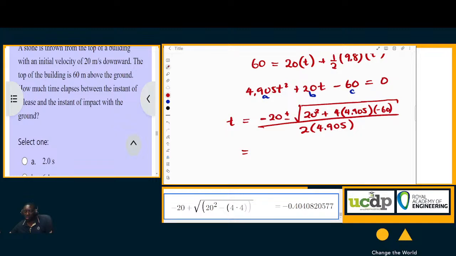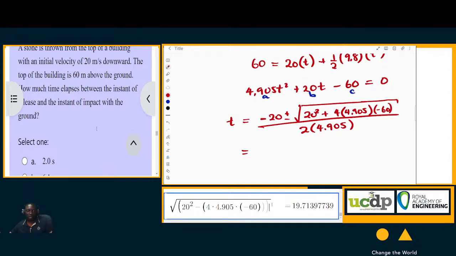Someone got t is 2 seconds. That was quick. 4.905, okay, 4a times minus 60 times negative 60 close bracket. Okay, that's that bracket and that bracket, 19 point.